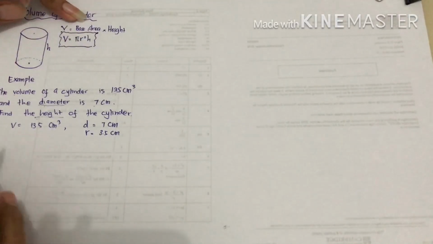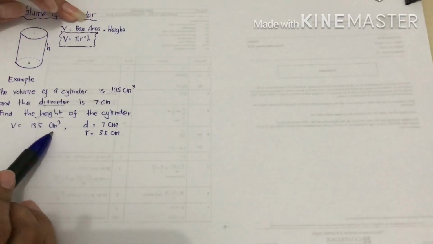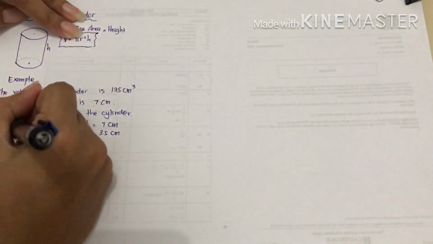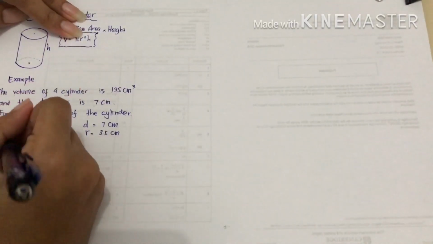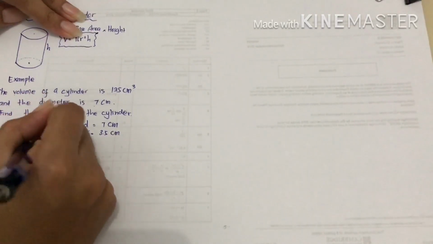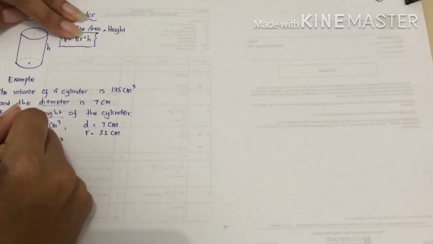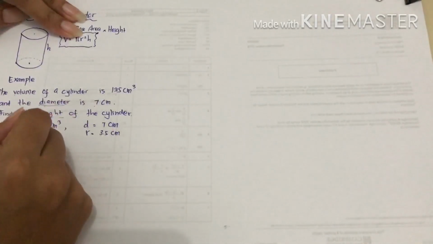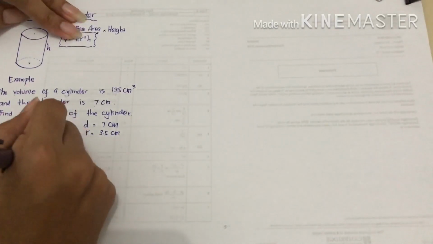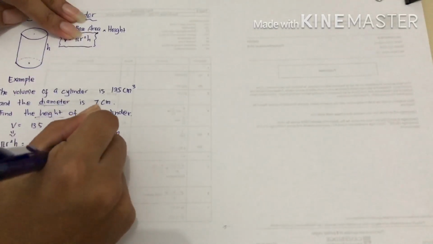Then we can just use the formula of volume, because volume is 135, where the formula is pi r square h. Let's substitute this. Pi r square times height equals 135 centimeter cube. Pi times 3.5 square, and then height is unknown, so 135 centimeter cube.